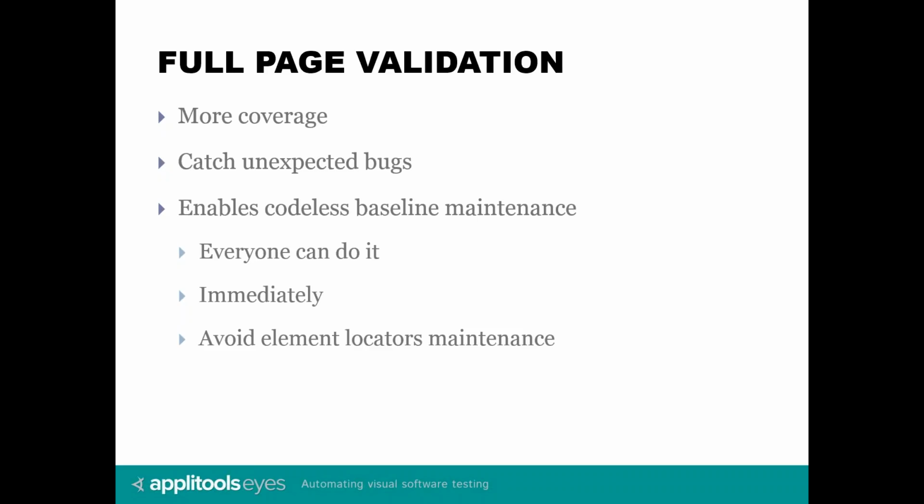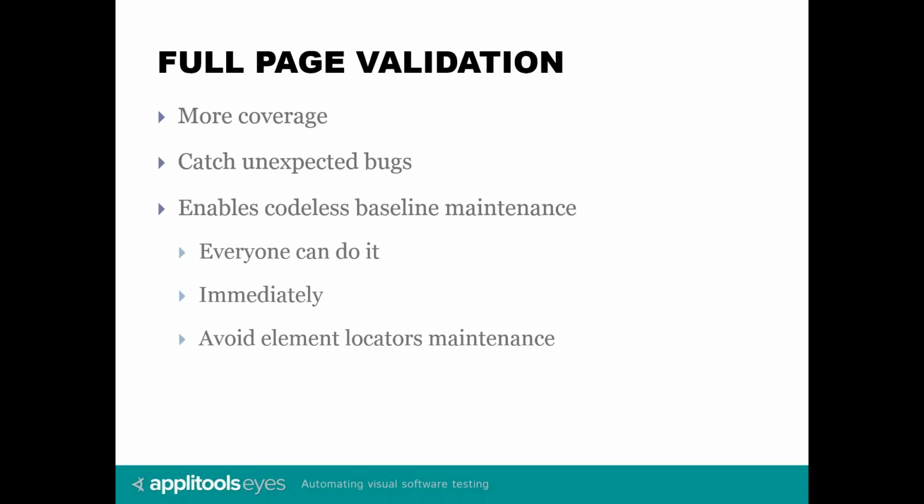The other benefit is that it allows you to maintain your test without touching the code. Whenever something changes in a full page validation, everyone in your team who knows the application can do the maintenance. They can look at the images, see the difference, and decide whether to open a bug or accept a new baseline.